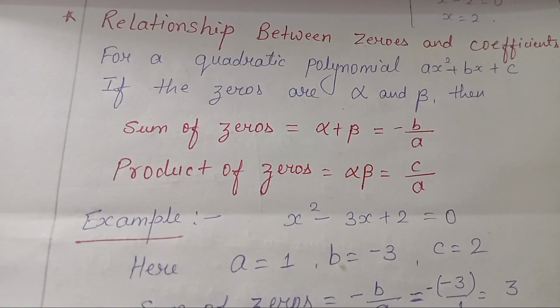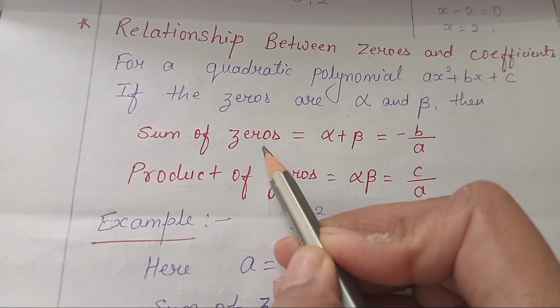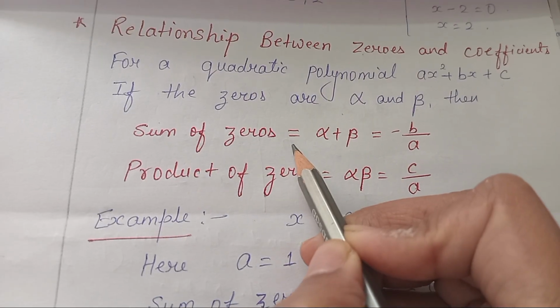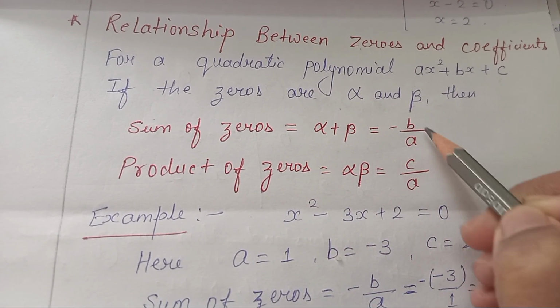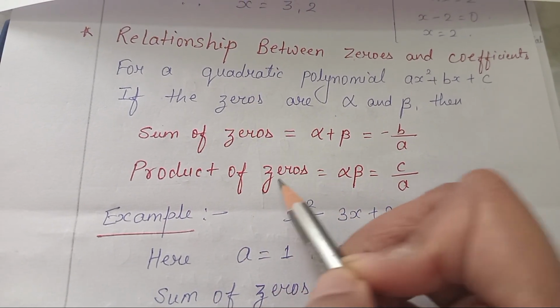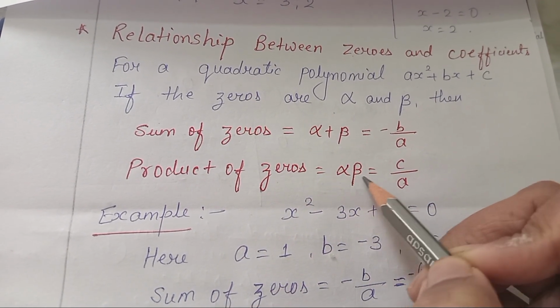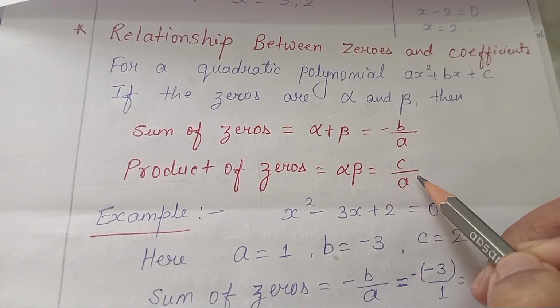Now, according to the formula, sum of zeros, alpha plus beta, is equal to minus b by a, and product of zeros, alpha into beta, is equal to c upon a.